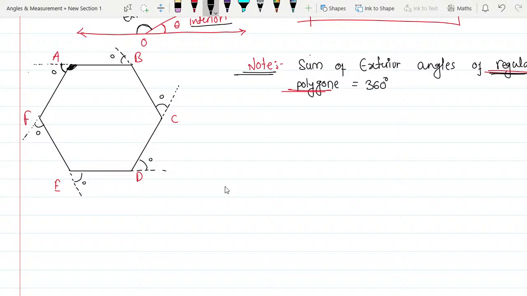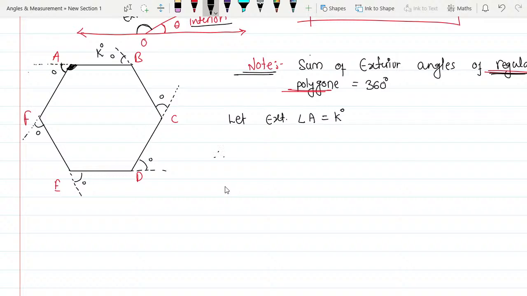So the sum of the exterior angles is equal to 360 degrees. Suppose k degrees is one angle, so what will be the sum here? The sum becomes 6k, and that 6k should be equal to 360 degrees. So let the exterior angle A be equal to k degrees.